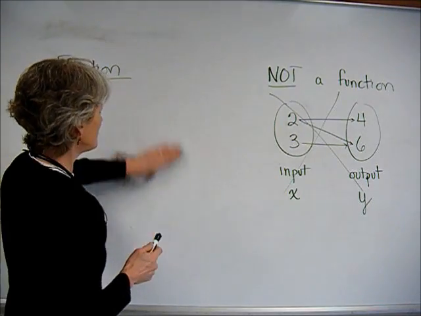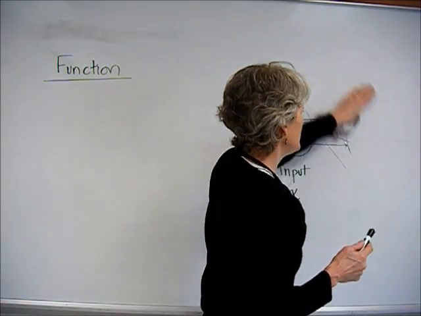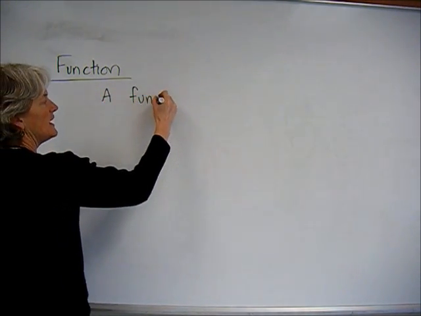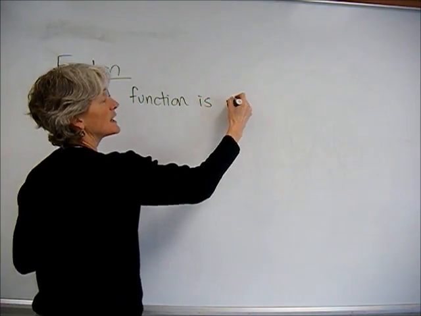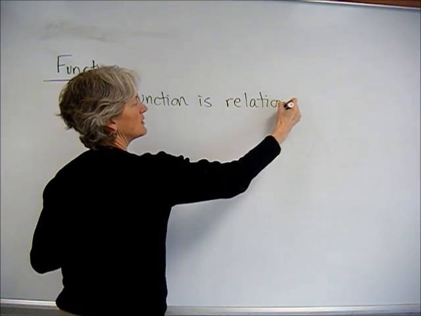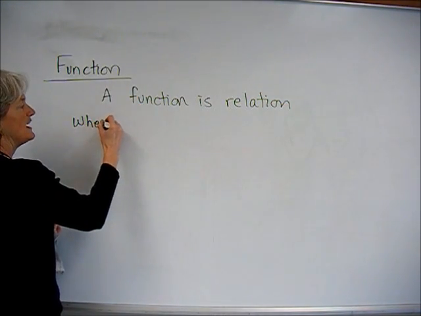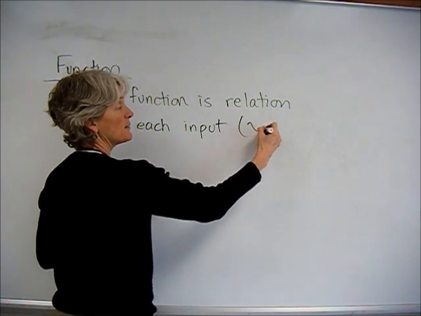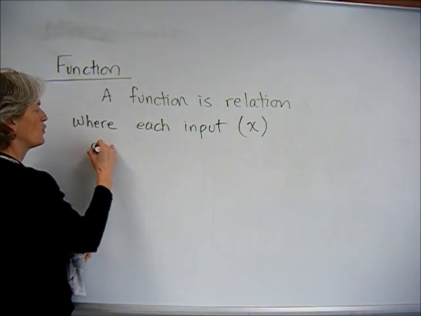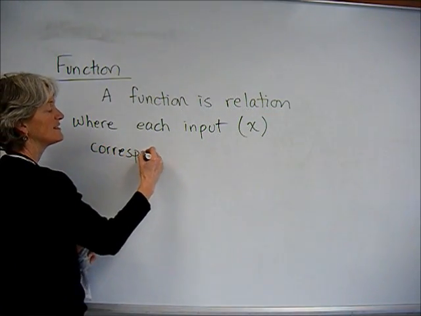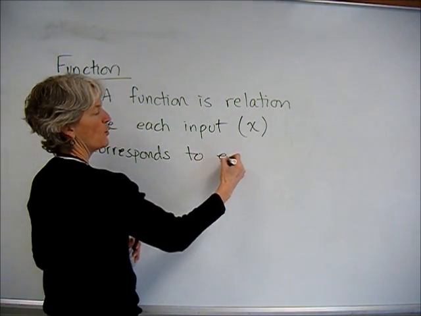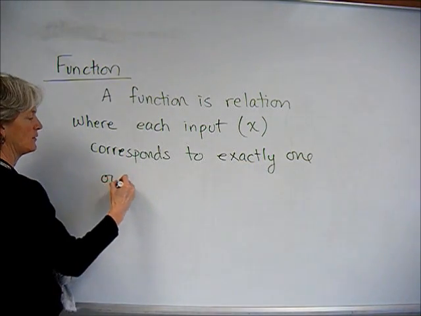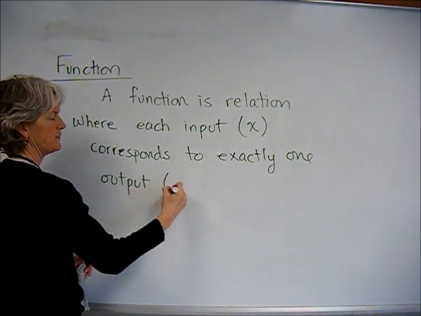So, a function is a relation. In other words, it's a relationship between two variables where each input, and usually we talk about that as our x values, corresponds to exactly one output or y value.